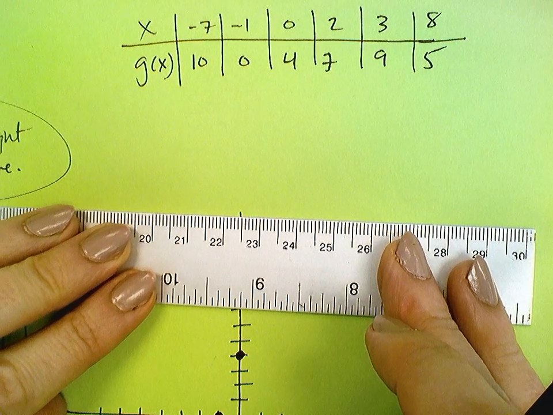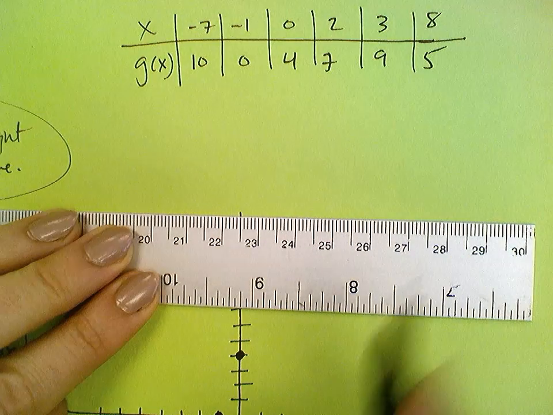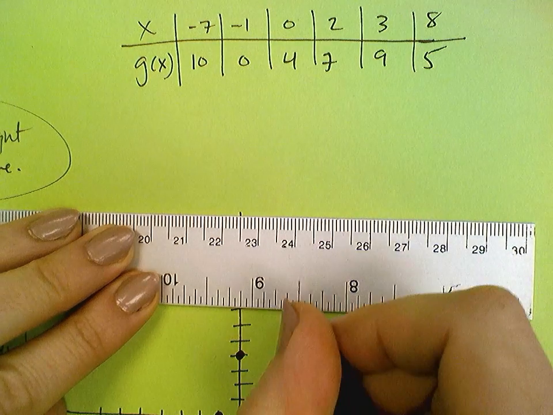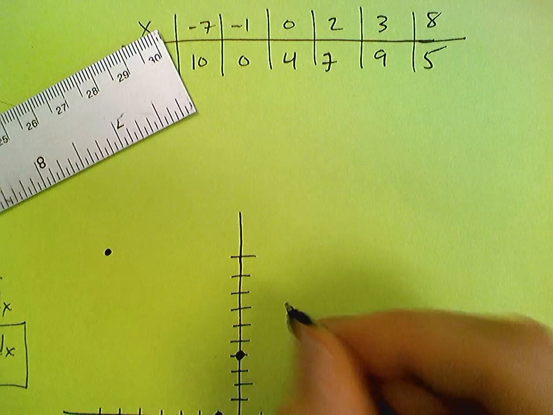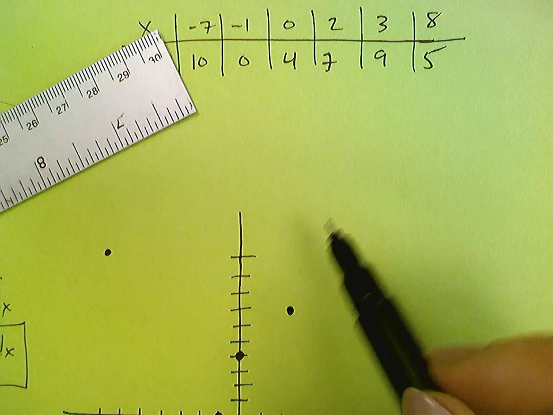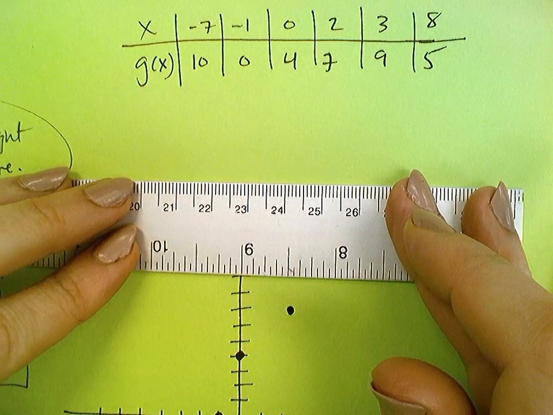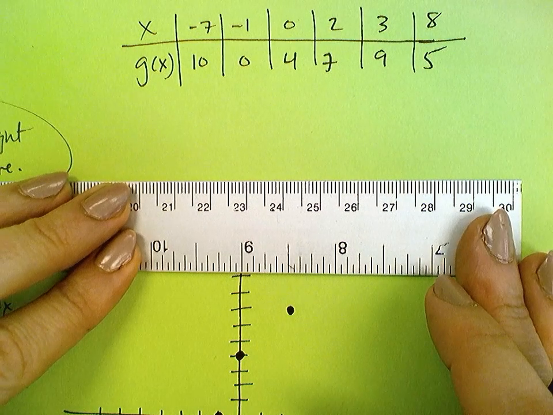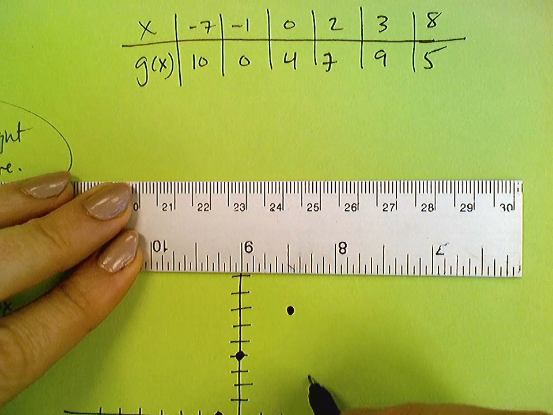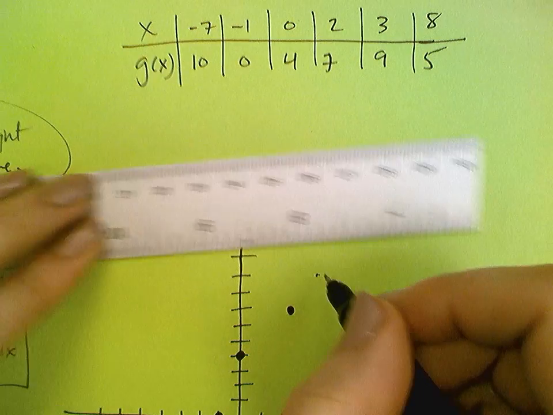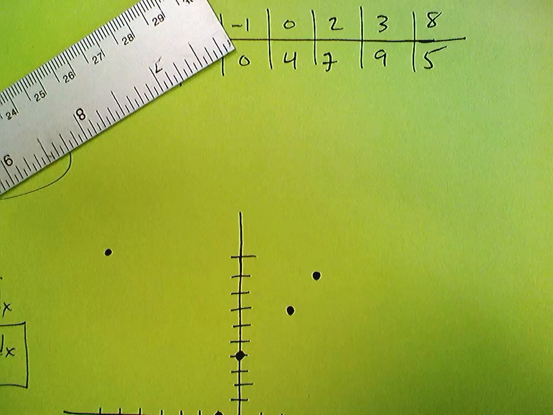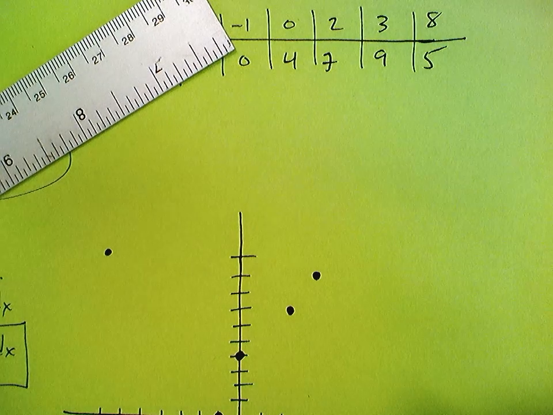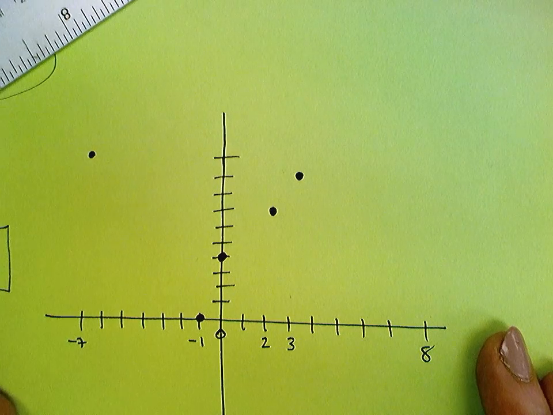Again, this just helps me because I'm not a good artist. Then for 3, an output of 9, so 3, and then up to 9. And for 8, an output of 5.